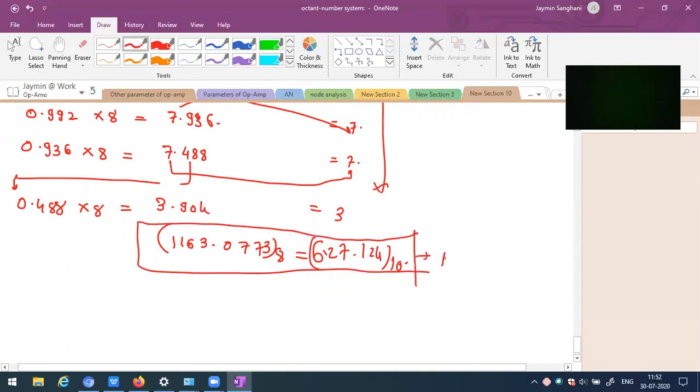So here octal to decimal and decimal to octal conversion, and the importance of octal conversion, we have discussed in this class. Okay, thank you very much.